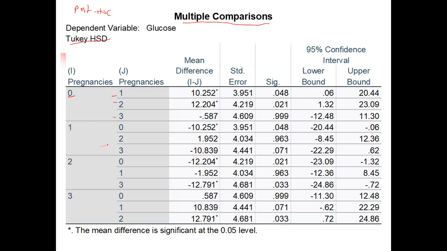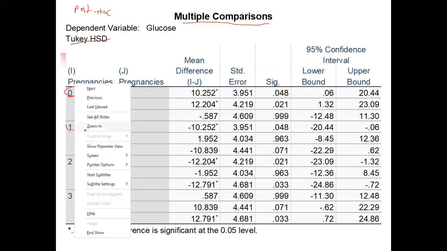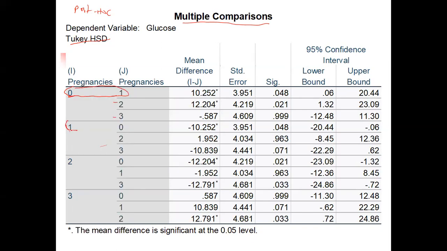Then you're comparing 1 with 0, 2, and 3. Some of the results are going to be redundant. For example, the result from comparing 0 to 1 will be the same as the result from comparing 1 to 0. You just switch which one came first. But you never had any result comparing 1 to 2 or 1 to 3 before.